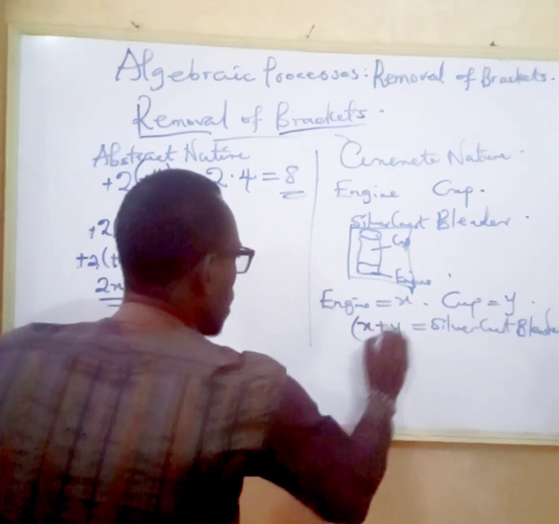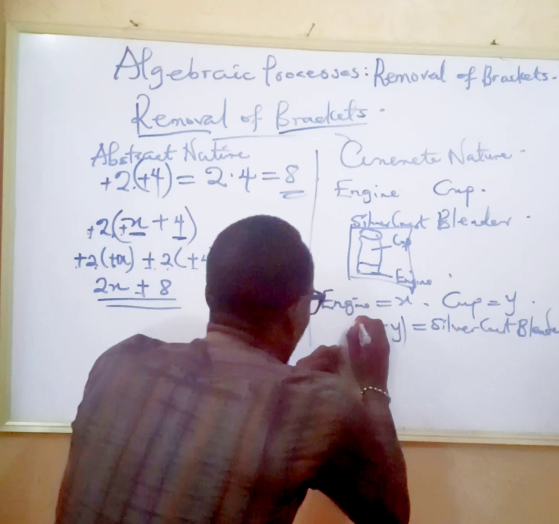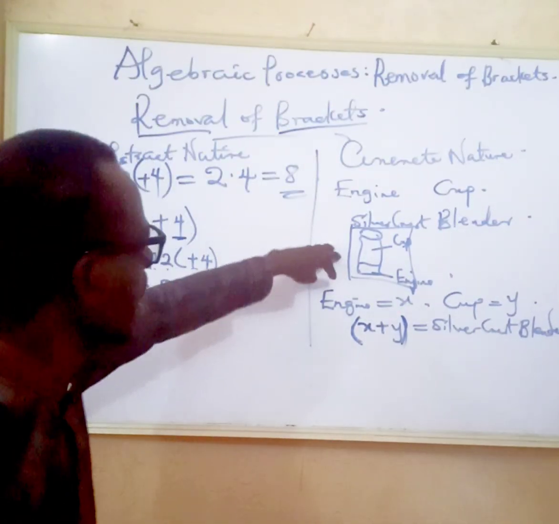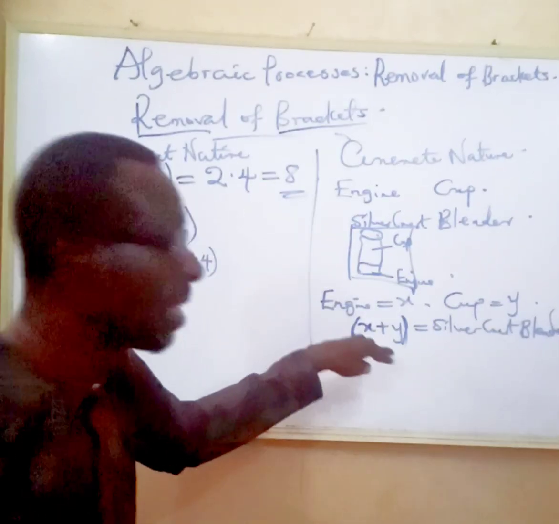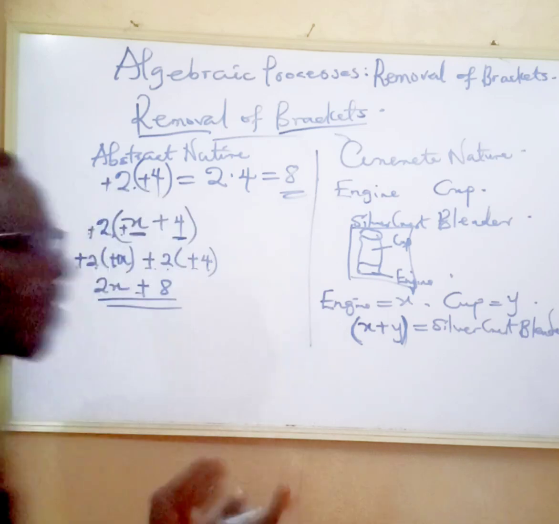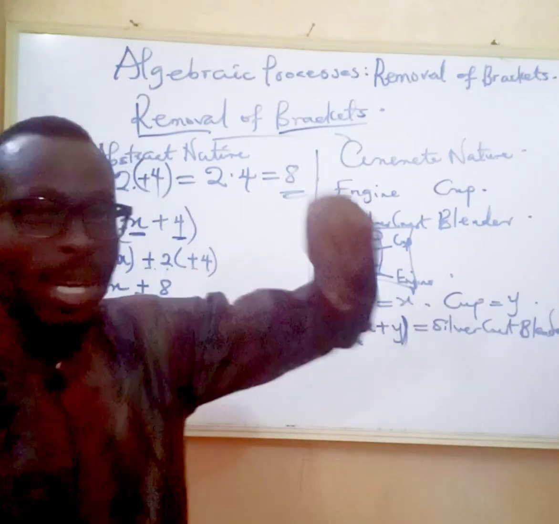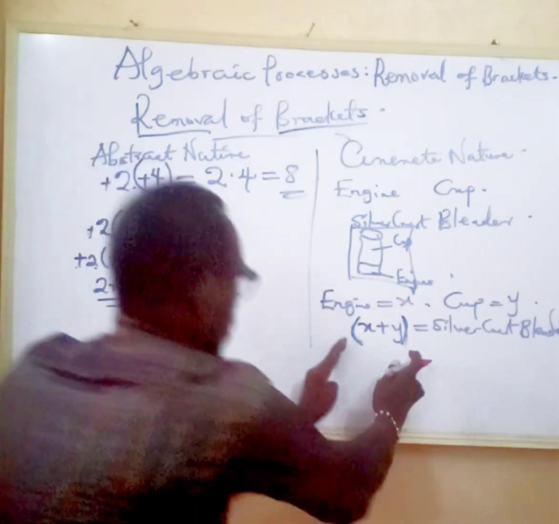You can see, because it is in a pack, it is in a confined space. Because it is in the pack, we have the engine and the cup. It is also in this bracket, we have a representation of the engine being s and the representation of the cup being y in the pack, which is the same thing as the bracket.